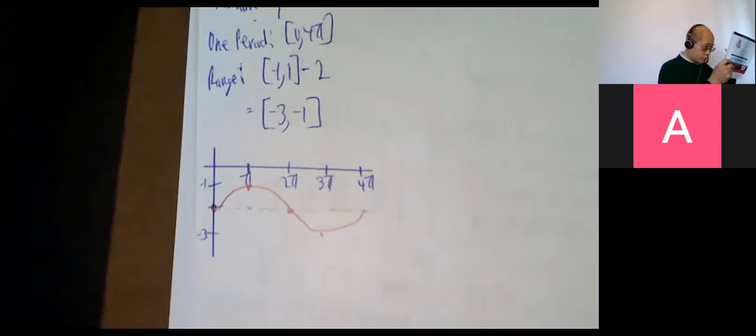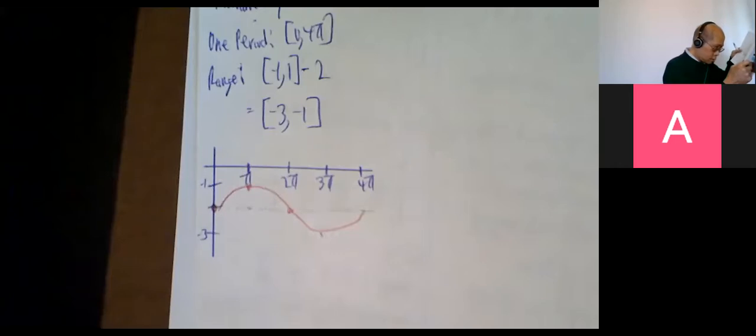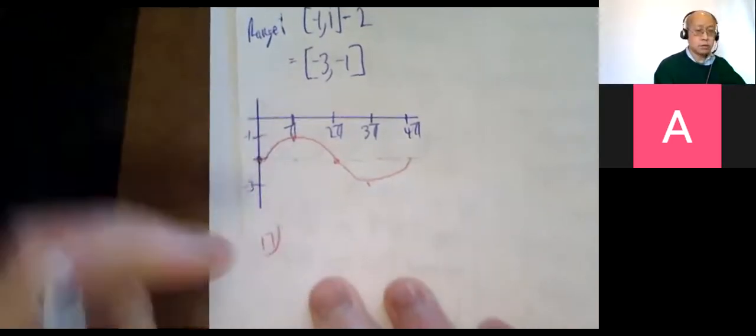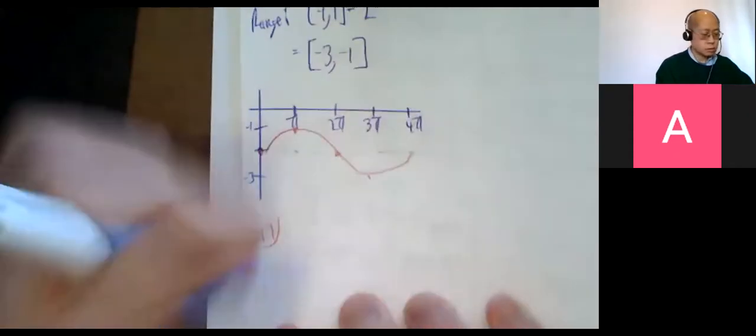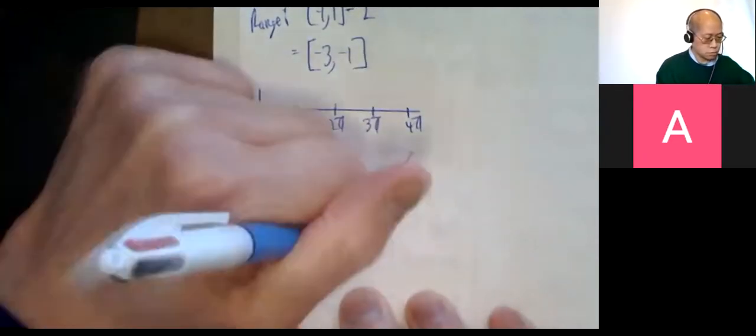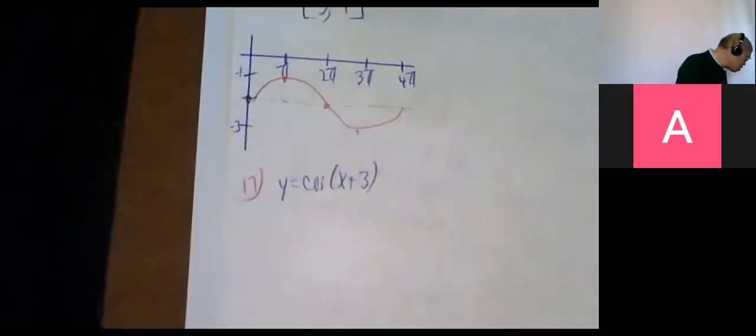And let's account for the C. Let's see, do I want to do that? Yeah, 17, cosine x plus pi over 3.